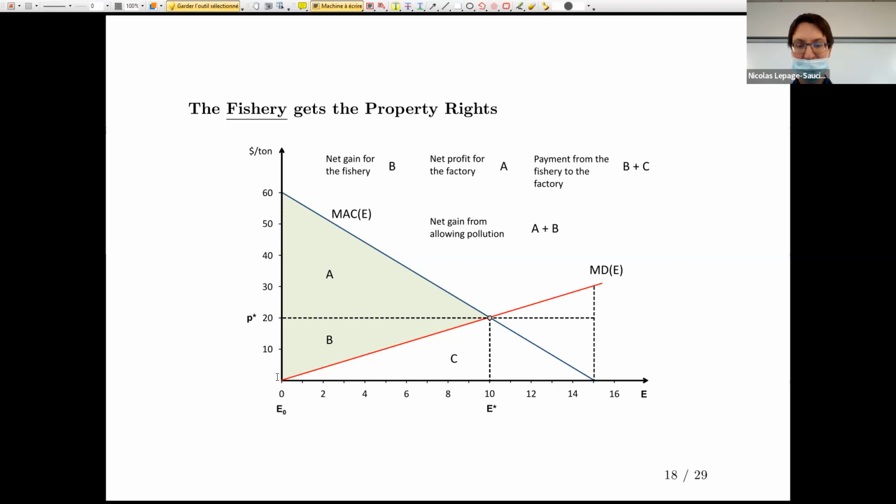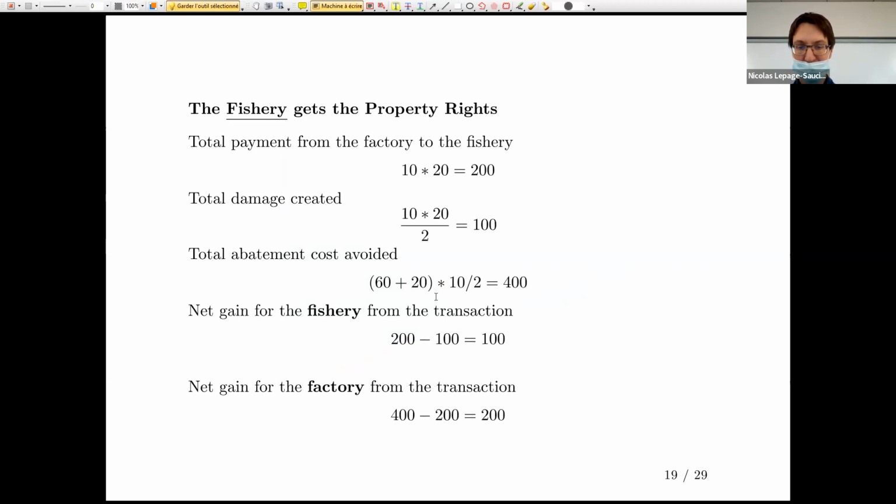So it's 60 plus 10, so 80 multiplied by 10 divided by 2, which gives us 400. The net gain for the fishery is the payment minus the damage, so it's 100. The net gain for the factory is the abatement cost avoided minus the payment, so it's 200. So both of them gain from interacting on the market, so they are very happy.